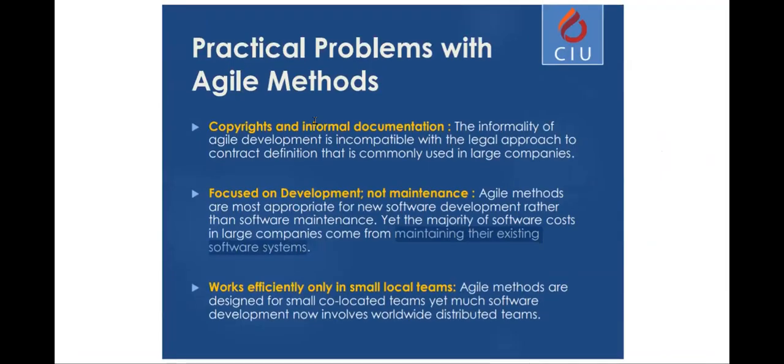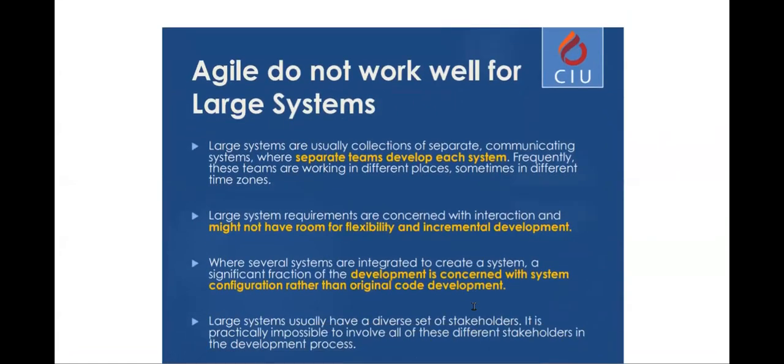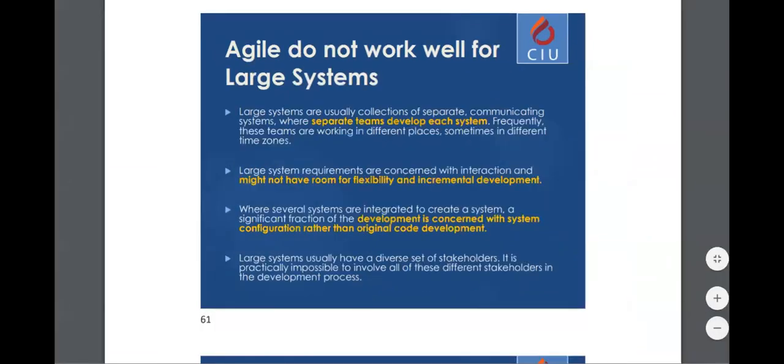And as I said many times over, agile methods are designed for small co-located teams rather than hundreds or 1,000 people working on a project at the same time. This is why it is an active research area: how we can apply agile methods to large projects.